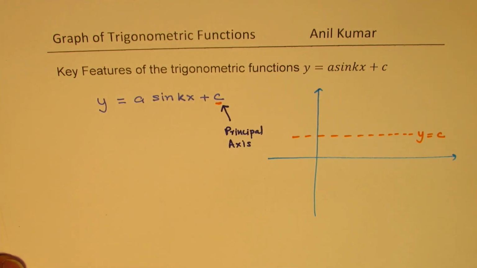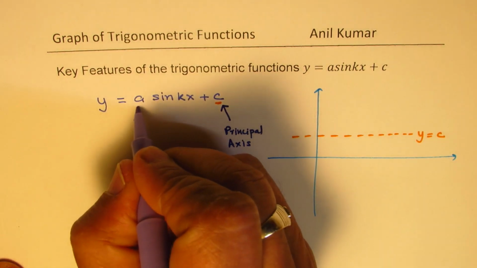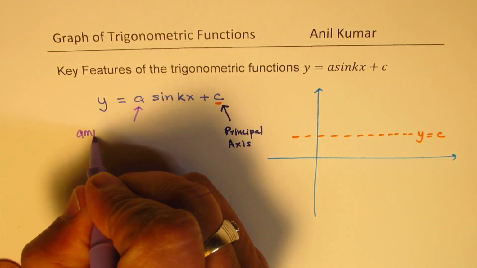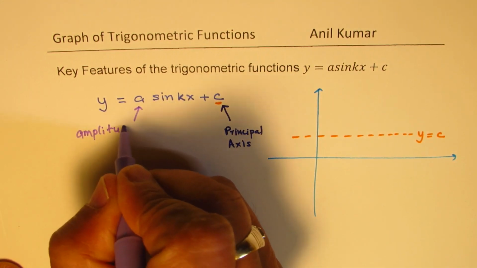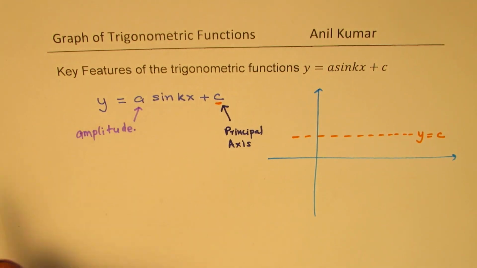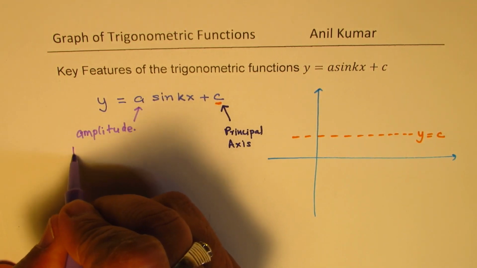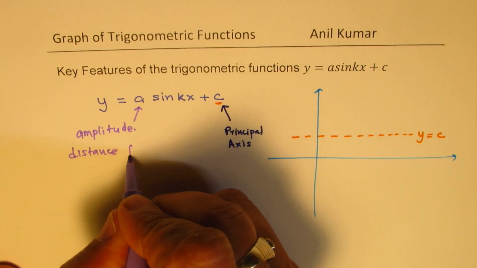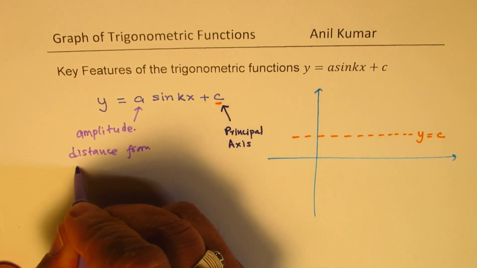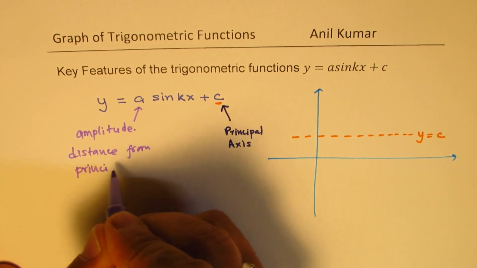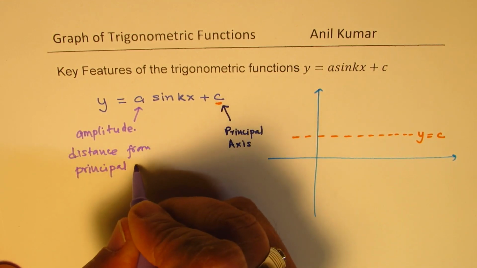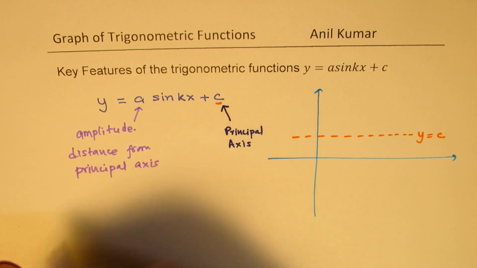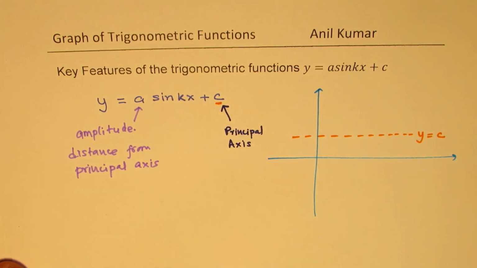Now, a is basically the amplitude of a sine function. So a is amplitude. A is also a distance from the principal axis, both in positive direction and negative.